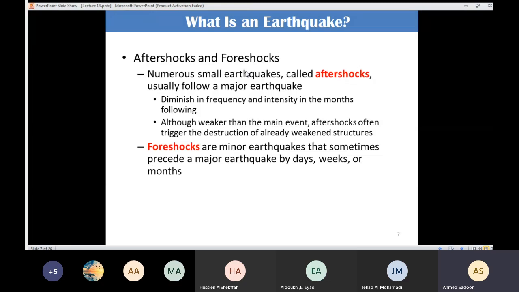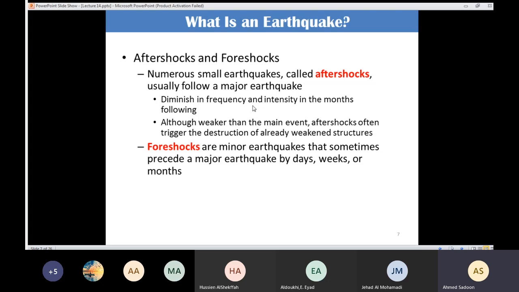Their frequency and intensity are going to decrease with time.